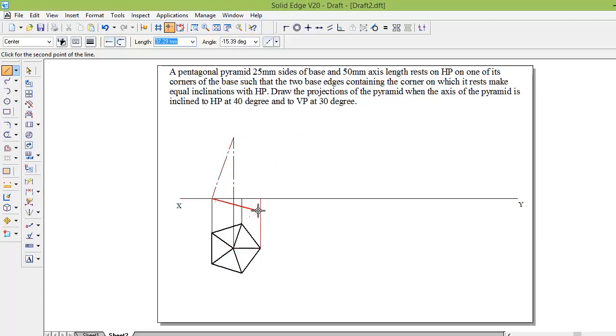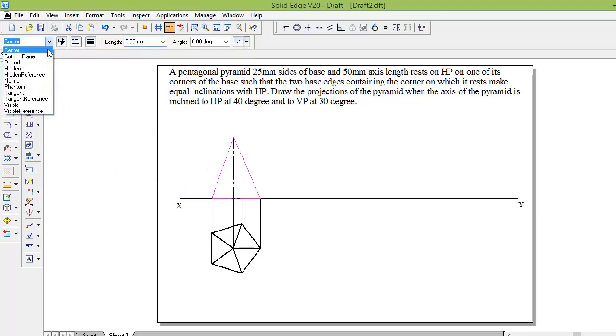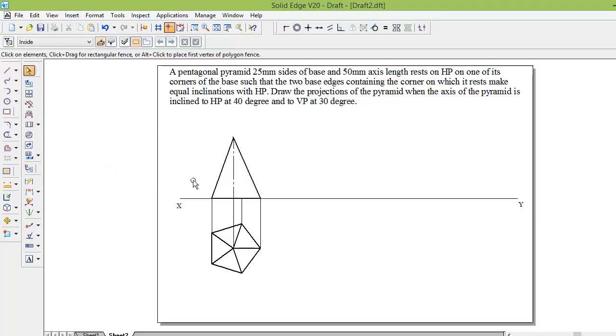So we'll make, okay, select this, just make it visible. Accept this one. So go to line, so visible one from here.